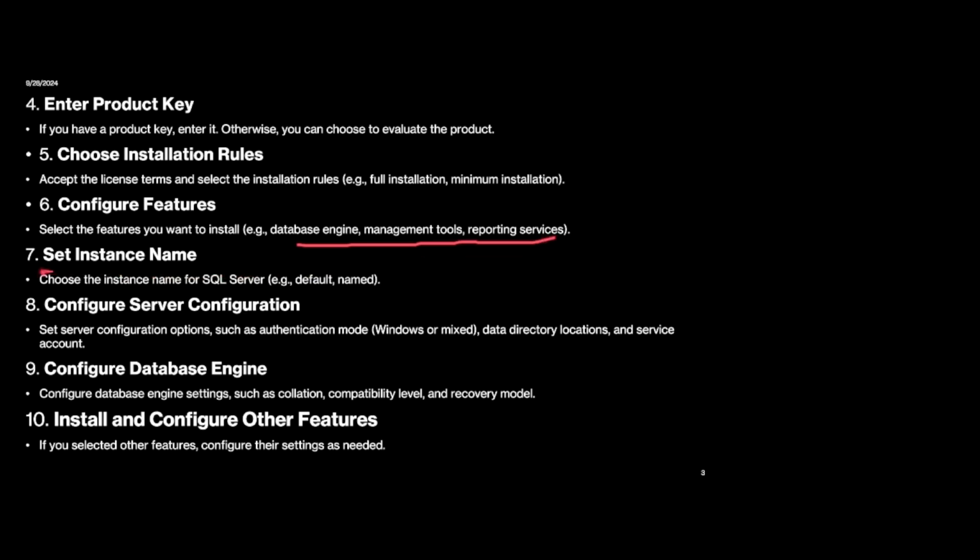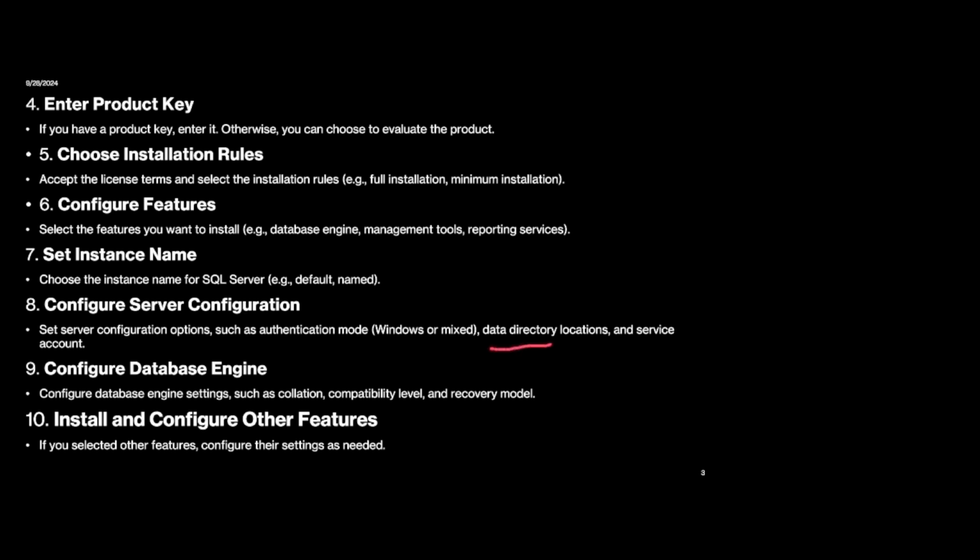After that, set the instance name, choose the instance name for the SQL Server, and then configure the configuration files. Set up the configuration options such as the authentication mode, meaning which mode you want to install, Windows authentication mode or mixed mode authentication.